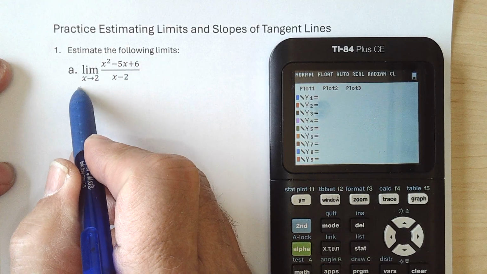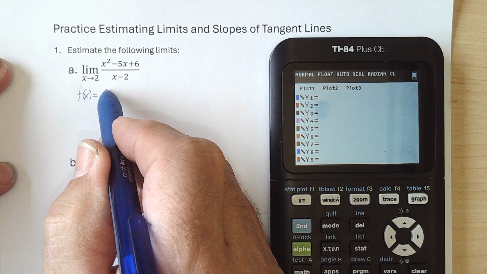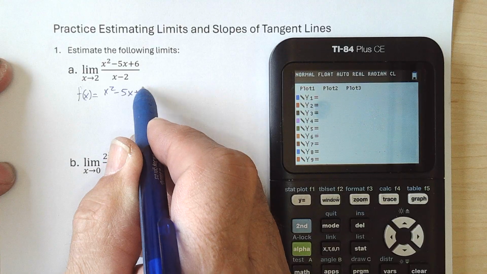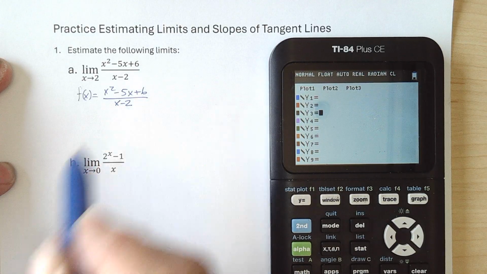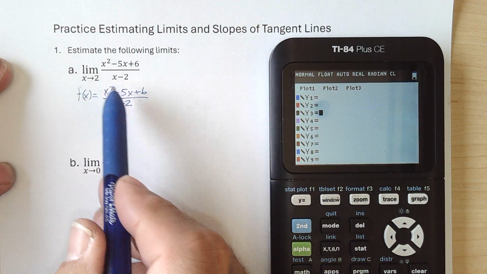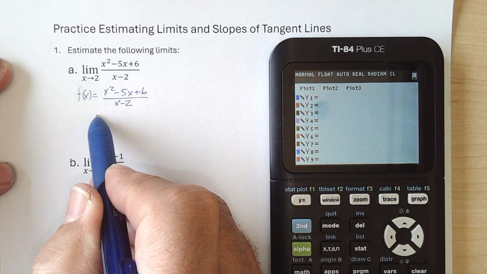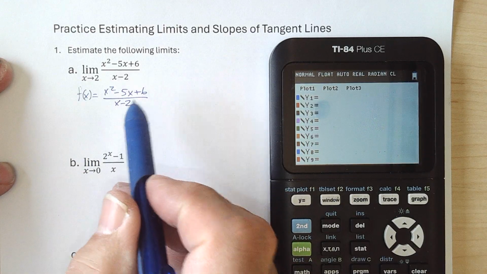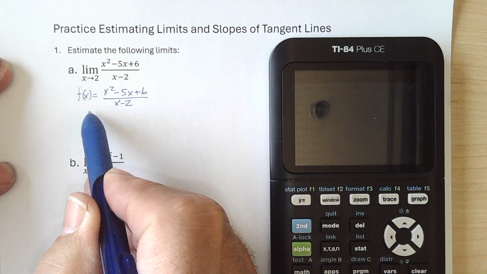On Desmos, I would type in f of x equals x squared minus 5x plus 6 over x minus 2. And then I would let x get closer and closer to 2. So I'd be putting numbers in here.